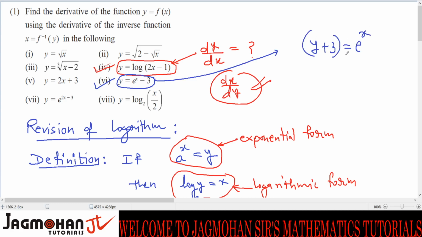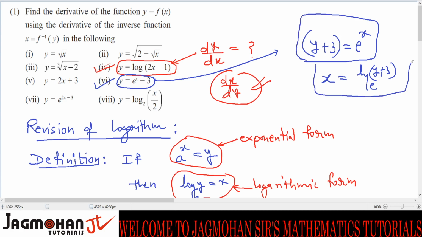Now you will write the function in the form x equals f inverse of y. So what will x be? x will be log of y plus 3 to the base e. This is the exponential form; you will write the logarithmic form, and then you will get this.